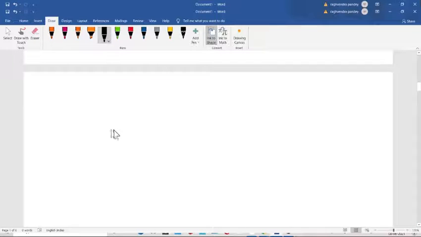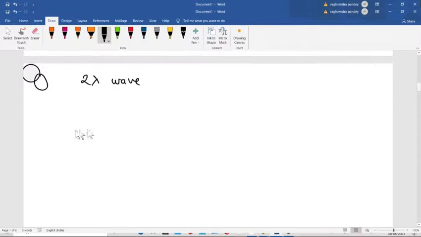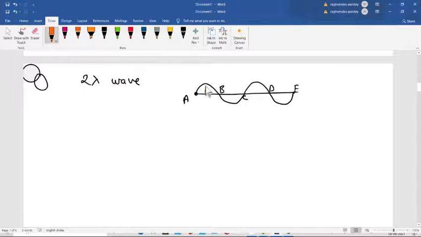So the first case is your 2 lambda wave. Suppose this is your 2 lambda. Suppose this is your point A at the starting, and this is your point B, C, D, E. This is your crest, and this is your trough.